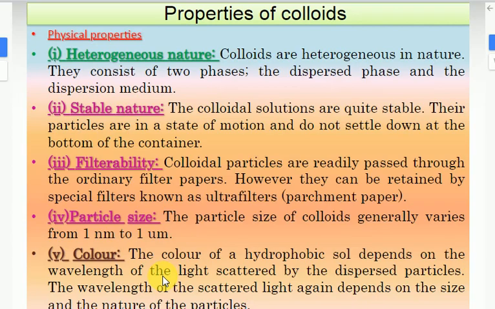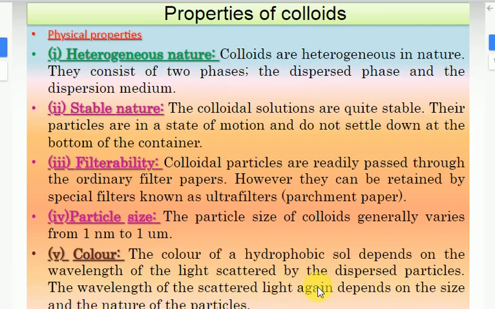I want to say one point very clearly: the color of any colloidal solution depends upon two factors, the angle of the light scattered and the size of the particles. The color of hydrophobic sols depends upon the wavelength of light scattered by the dispersed particles, and the wavelength of the scattered light depends upon the size and nature of the particles.